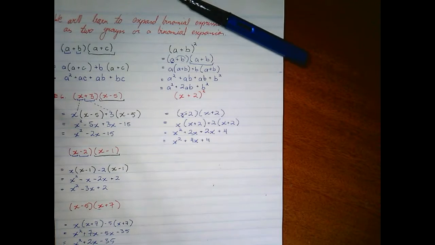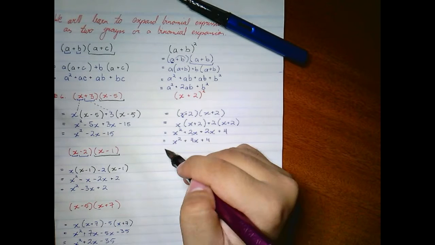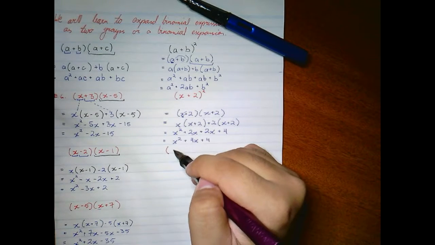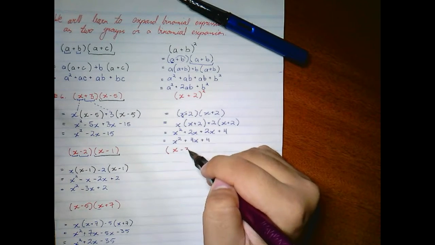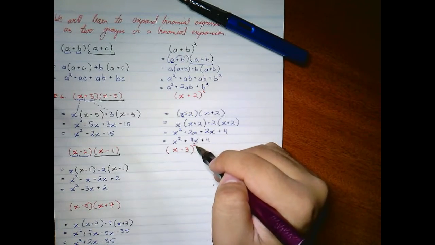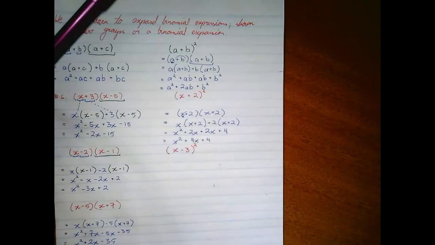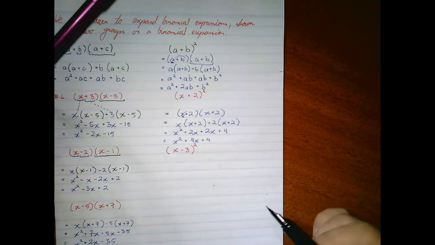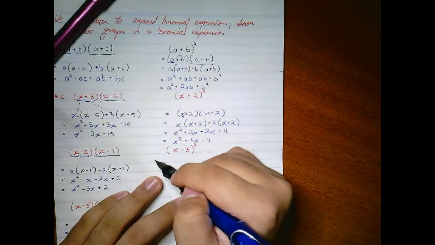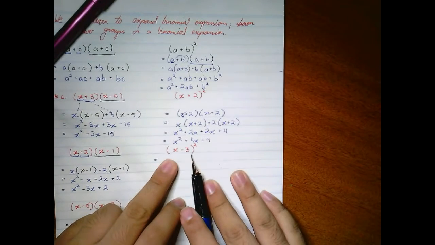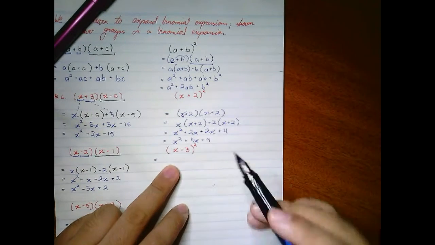I'll do 2 more examples for us. We'll get x minus 3 squared. Now remember, watch. This is actually the group repeated twice.